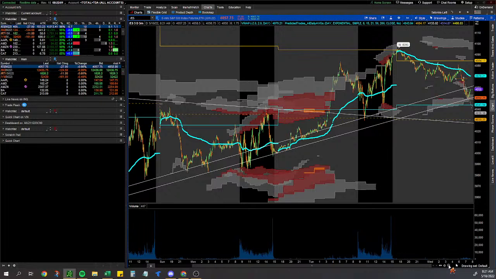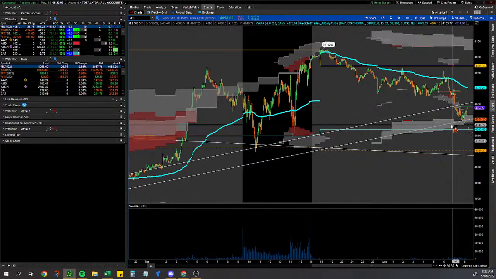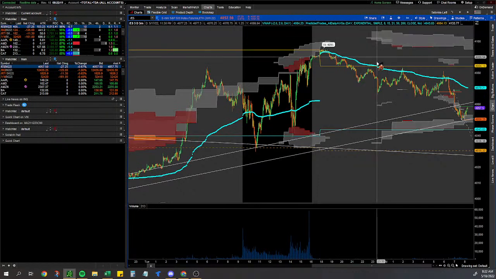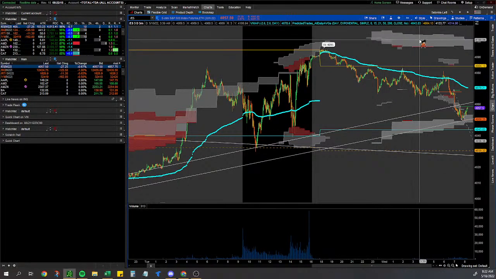Now, coming into today, if we take a look, before I even start to talk about the thesis, what do you see that's happened over here? We have a squeeze that's come into form, a new one, a 1 hour.